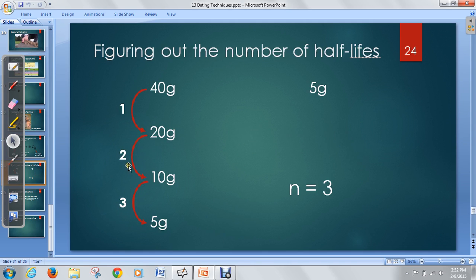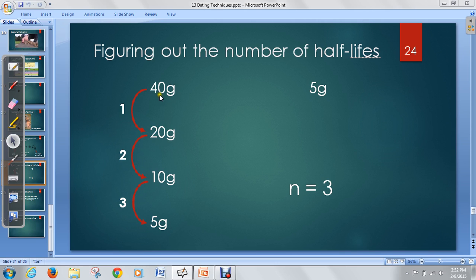So let's look at how we find out the number of half-lives. Okay, so this is an example we did in class where I said I have a 40-gram sample, but only 5 grams are radioactive. Okay, so if I have a 40-gram sample, only 5 grams are radioactive, then what I do is I need to figure out how many half-lives have occurred.